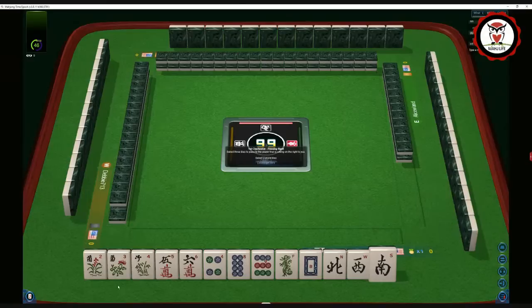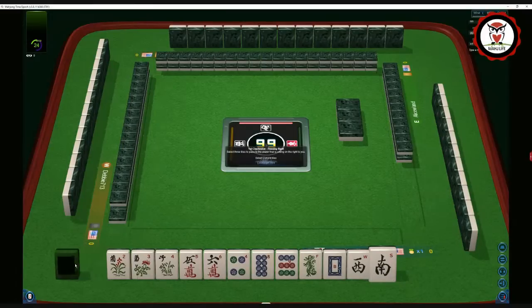We have 3 flowers, 5, 6 in cracks, 4, 8, 9 in dots, green, white, north, west, south. We need to use these flowers. There's 1 news flower hand.